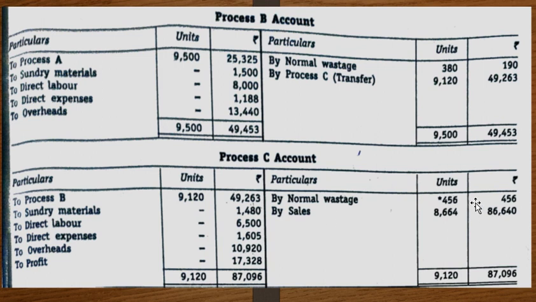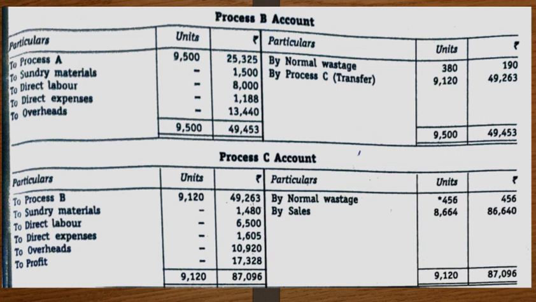Now if you add up your total value, the units for your input will match with the units of your output, but the value for input and output will vary, where your output value is more than your input value. If you add up your output value, 456 plus 86,640, you will be getting 87,096.